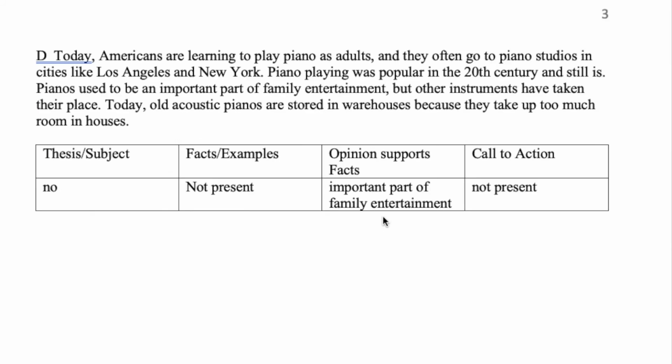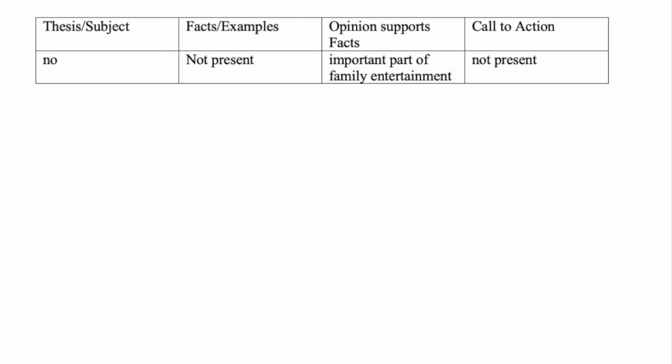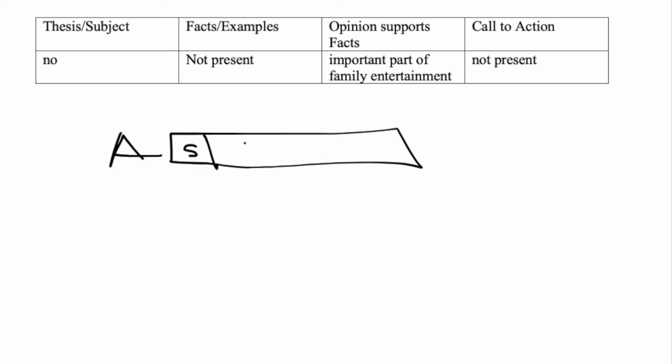Now you can offer this to the students, or you can tell them, on your paper, because it's on computer, to get a paper and put selection A, and then they can do subject, facts, opinions, and call to action. And then they could go option A: yes, no, no, yes.